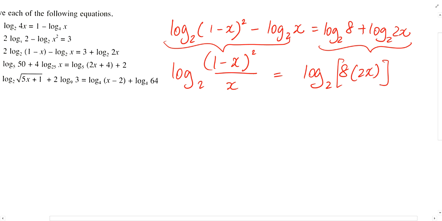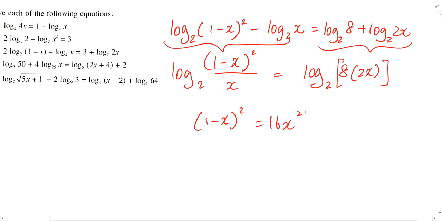We already have log. Oh, okay. So equals to 16x squared.